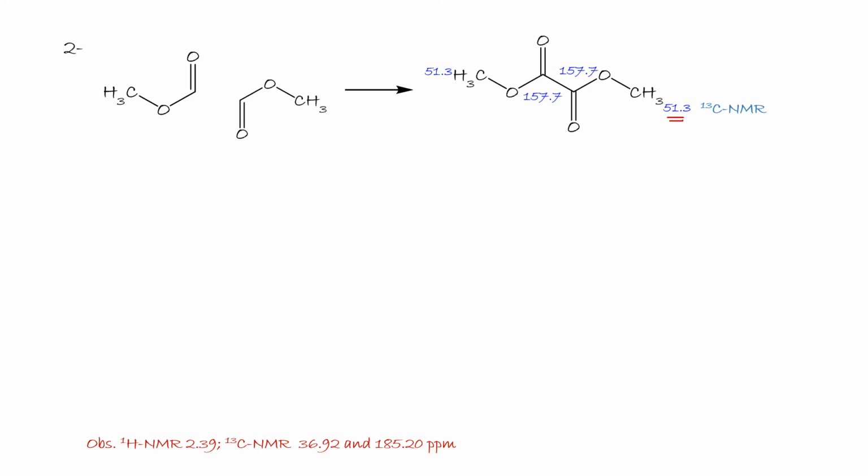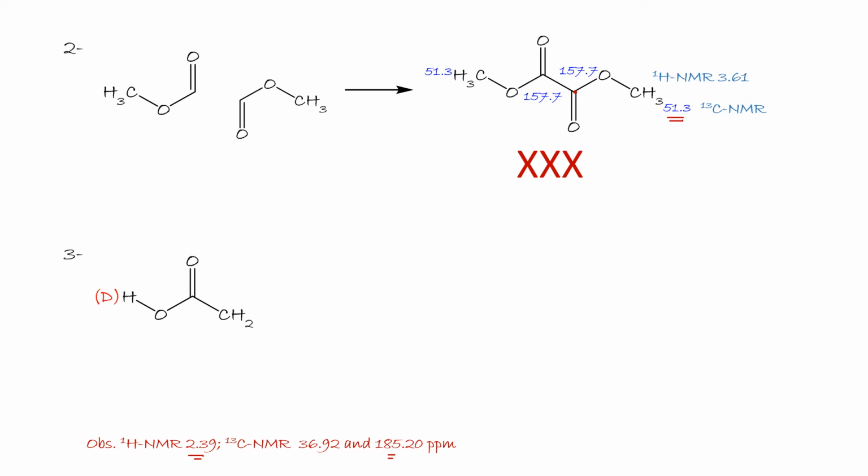That's again far away. Carbonyl here is at 157.7, and it should be nearby 185. That's the observed value. And the proton NMR showed this CH3 protons at 3.6 calculated, the observed 2.39. So, which means that this is again a wrong structure.